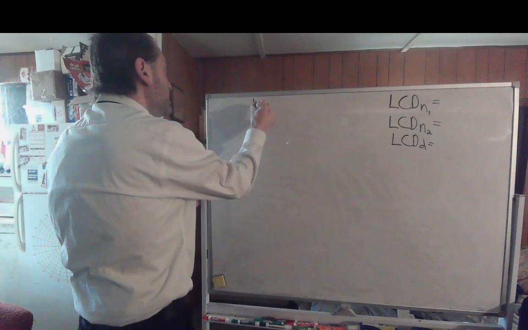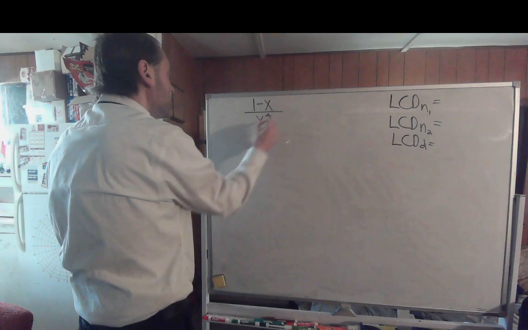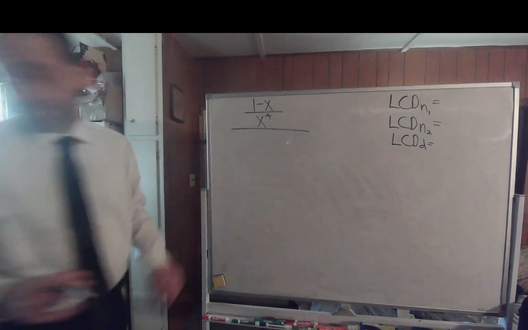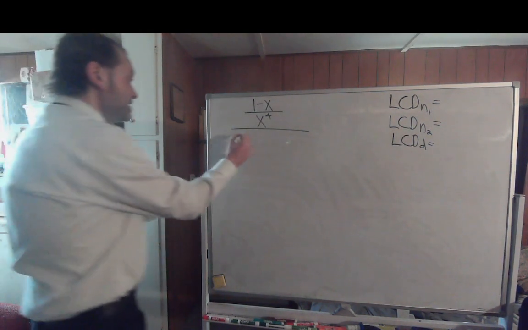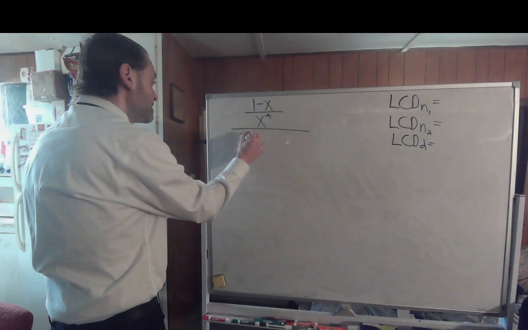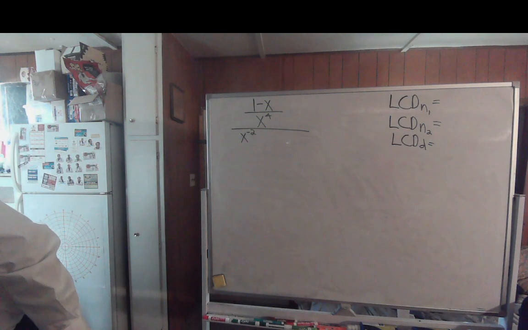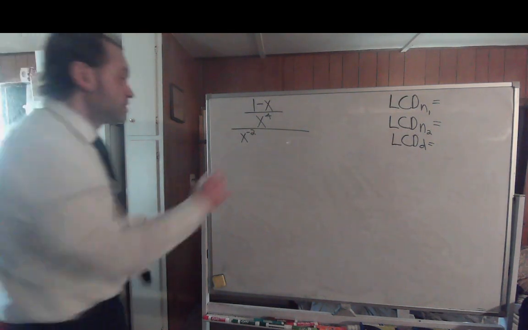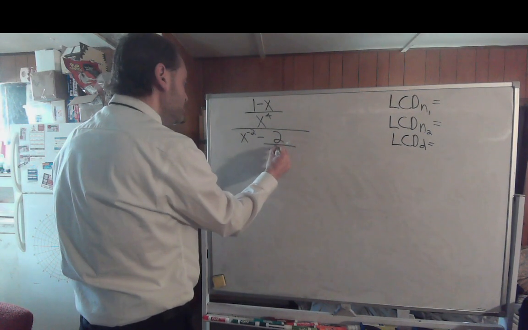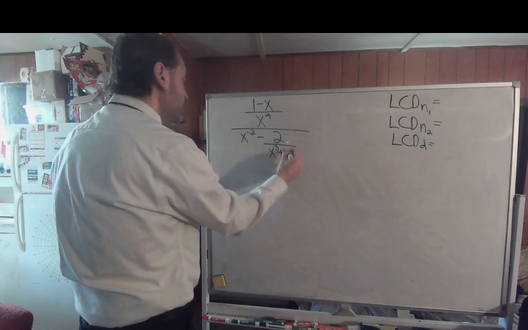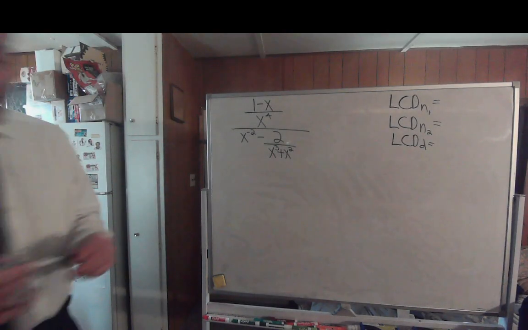We have 1 minus x over x to the fourth all over x to the negative second minus 2 all over x cubed plus x squared. All right.